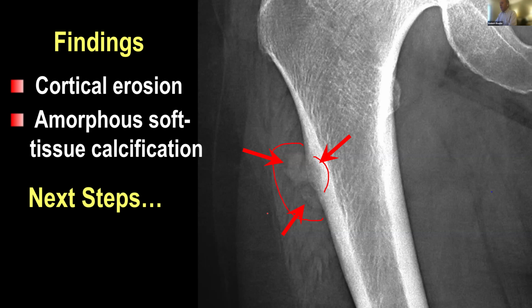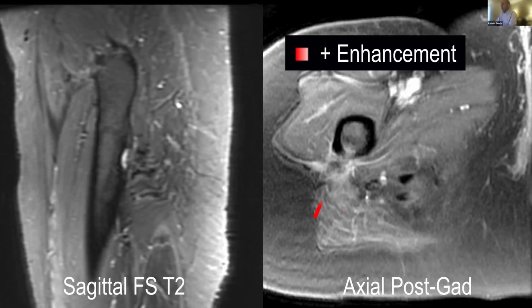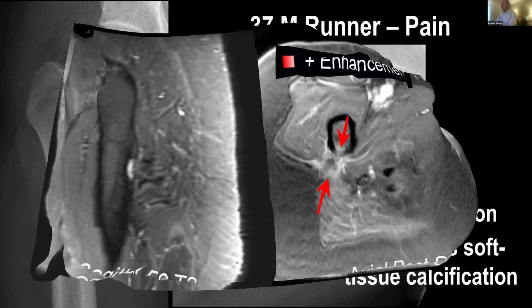It turns out that this is in the distribution of the linea aspera and is a characteristic diagnosis, but an MRI was performed showing this erosive change at the posterior aspect of the femur, the linea aspera, where the gluteus maximus attaches. And after contrast administration, you can see there's a lot of contrast enhancement adjacent to this focus of calcification.